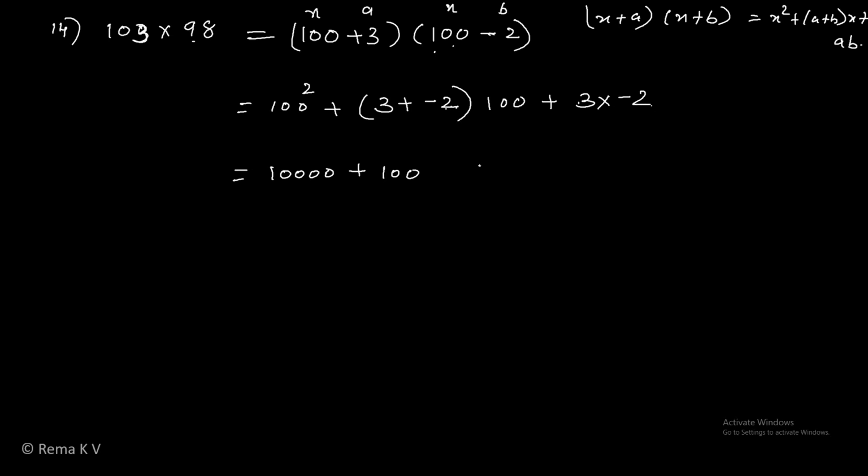Then 3 into minus 2 is minus 6. 100 minus 6 gives 94. So 10,000 plus 94.